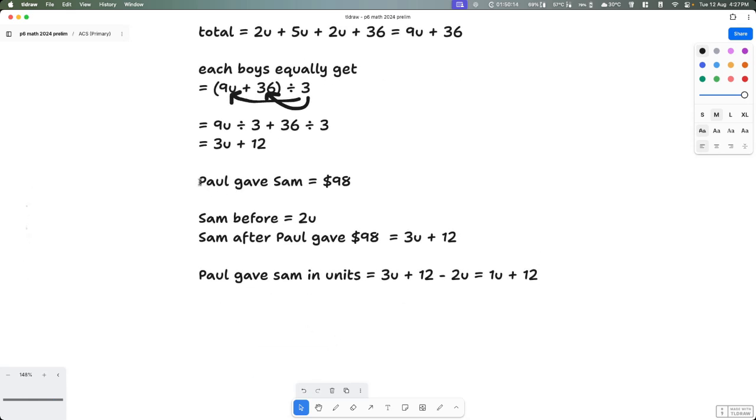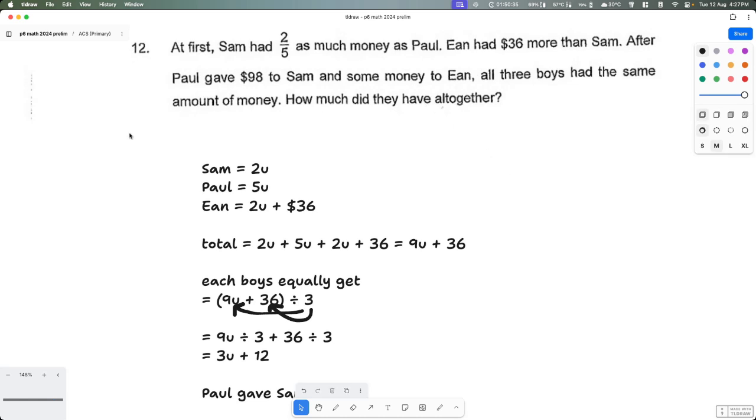And we also know that Paul gives Sam $98. So 1 unit plus 12 is equal to $98. So 1 unit is equal to 98 minus 12, which gives us $86.